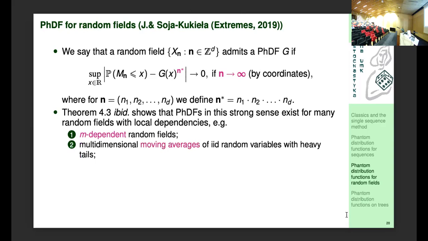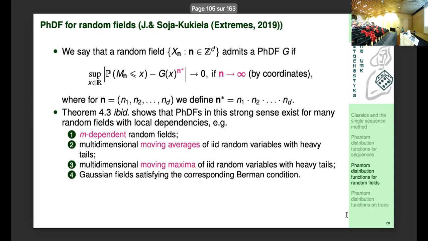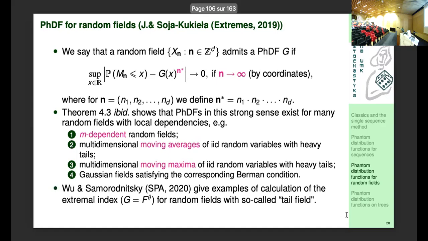Multidimensional moving averages: we know what moving averages mean for time series, and multidimensional means that we sum over some squares, or infinitely over the whole plane or space and so on. Also moving maxima, similarly with heavy tails, and Gaussian fields satisfying the corresponding Berman condition. It is possible to express it quite easily.